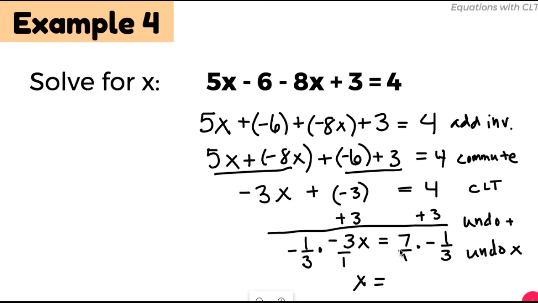On the right, a positive times a negative is negative. I multiply across, and I get negative 7/3, and that's okay. Nothing wrong with the fraction as an answer. So again, once we get through this simplifying process, we have a nice two-step equation.